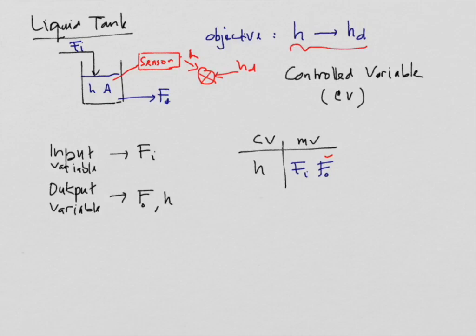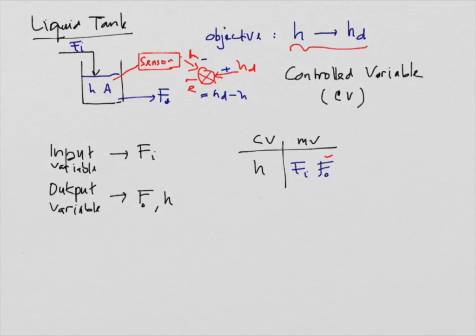If we sign this the positive and this the negative, the comparator will result in the error, okay? And we have the formula for error: HD minus H.